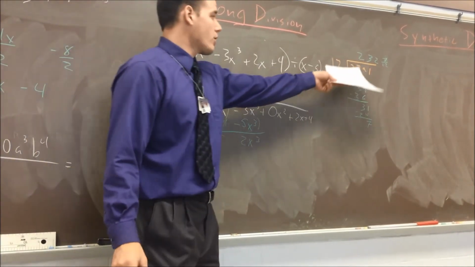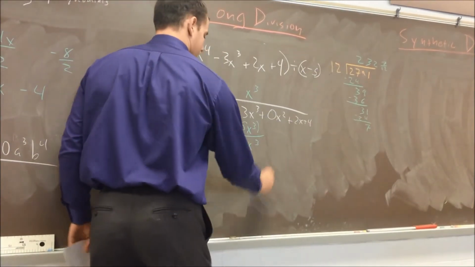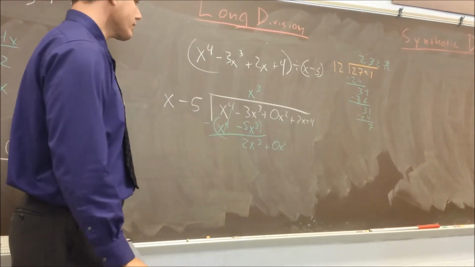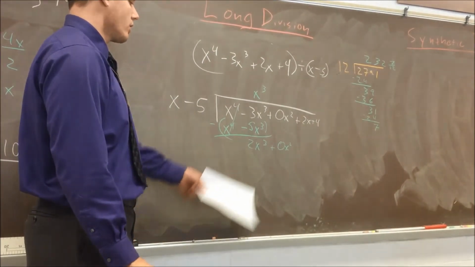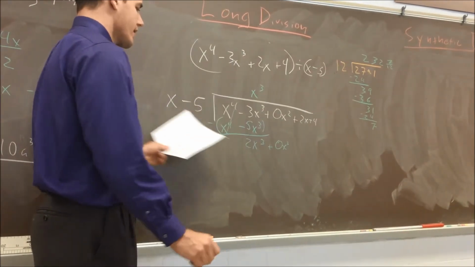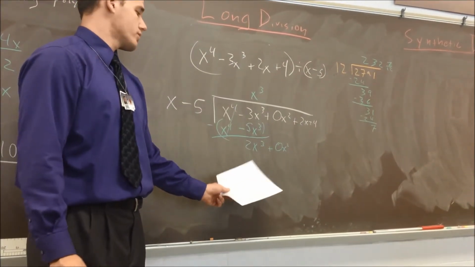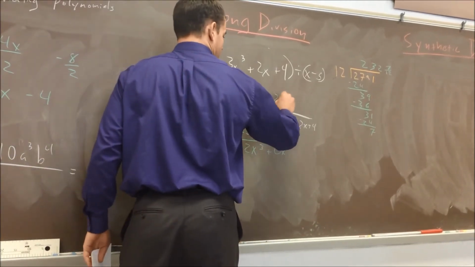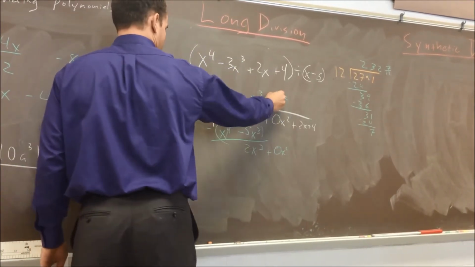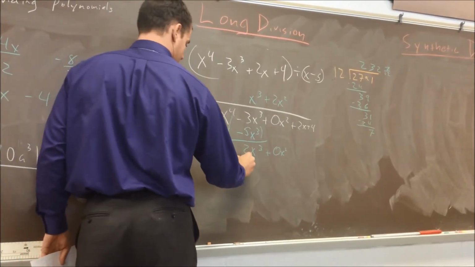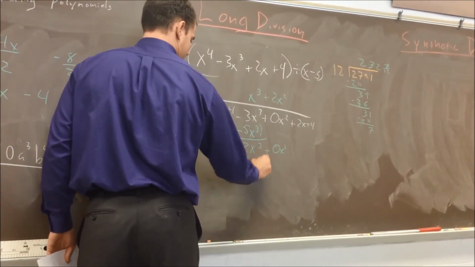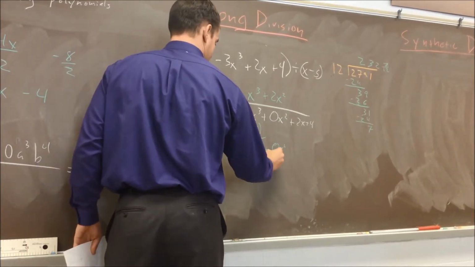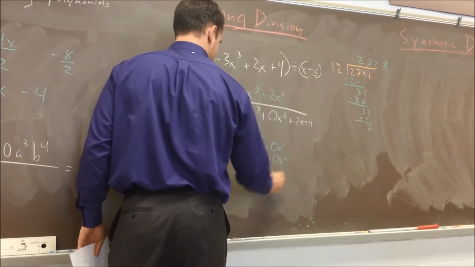Just like over here, we brought down the next term. We're going to do the same thing. Plus 0x squared. So, what number times x will give me 2x cubed? 2x squared. 2x squared times x gives me 2x cubed. 2x squared times negative 5 gives me 10x squared.